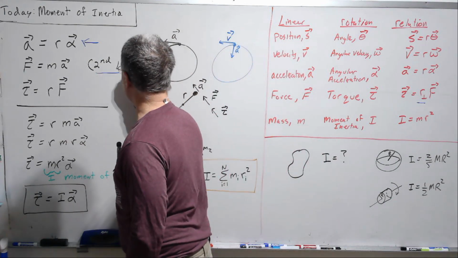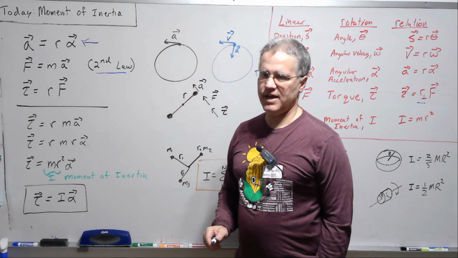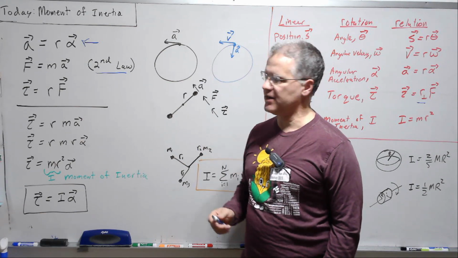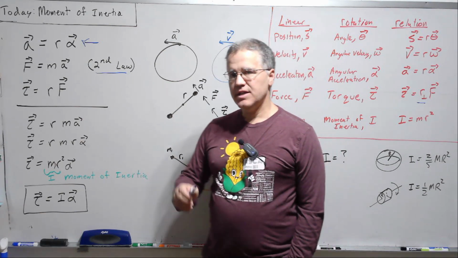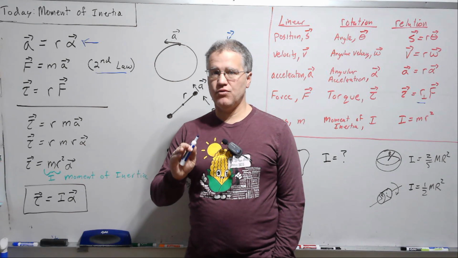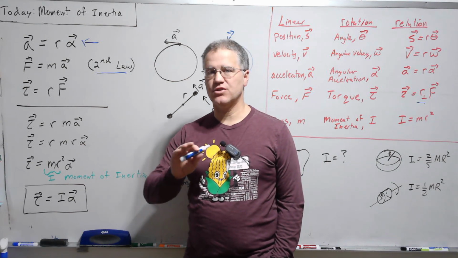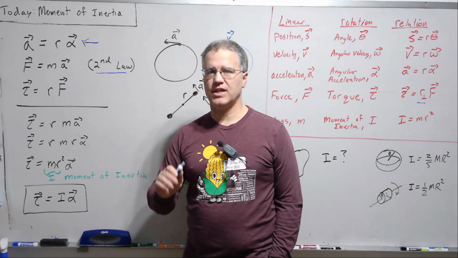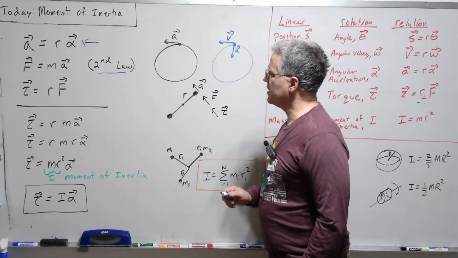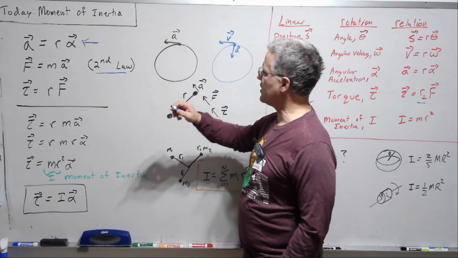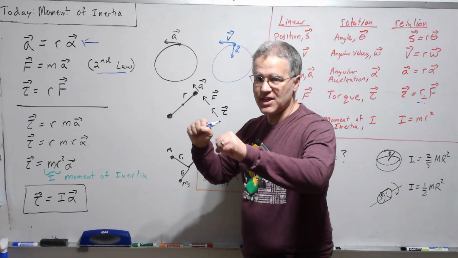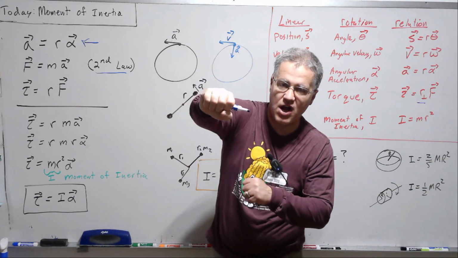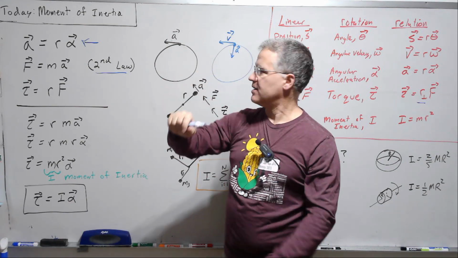So we have the second law here, F equals ma, a being the linear acceleration. Now, there's definitely a point of possible confusion here. So let's pause and make sure you understand what acceleration we're talking about. We're talking about the acceleration causing the rotation, right?